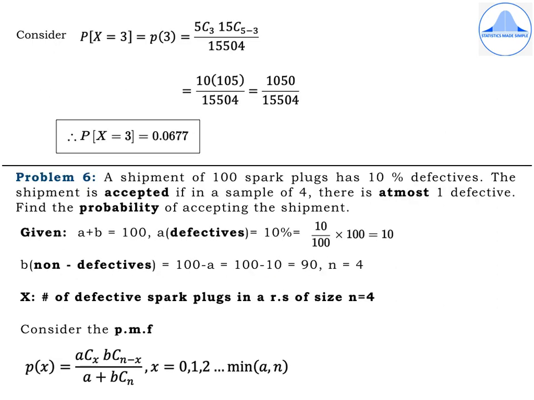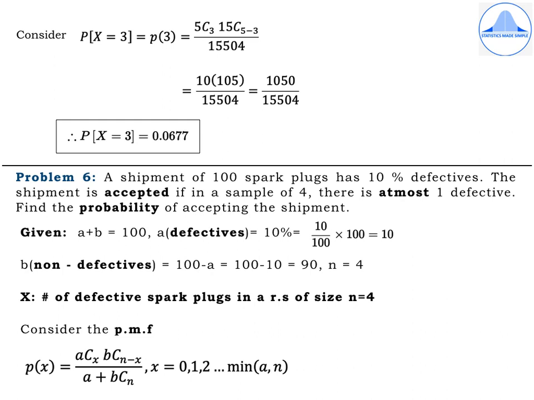The probability is to find that the random sample contains 3 black marbles. So we need to find the probability of capital X equal to 3, which is equal to small p of 3. Now in the PMF, wherever you have X, replace it by 3.